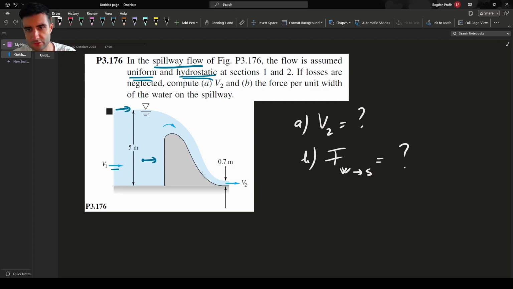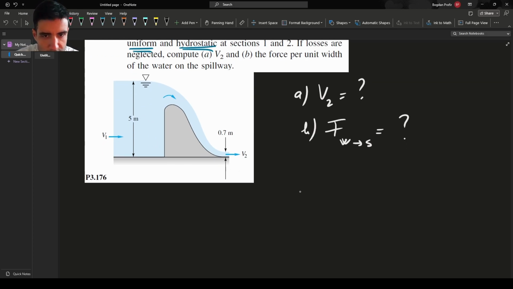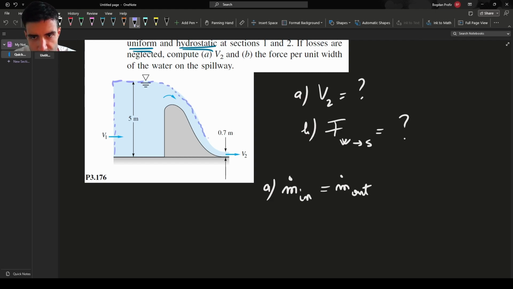Okay, let me remove some of the drawing, and then for part A, I would first start by looking at mass conservation, right? So mass flow rate in is the same as mass flow rate out, and then I would draw the control volume. The control volume in this case would be this right here. It goes along this surface and it cuts through the left and the right sides, and that's it.